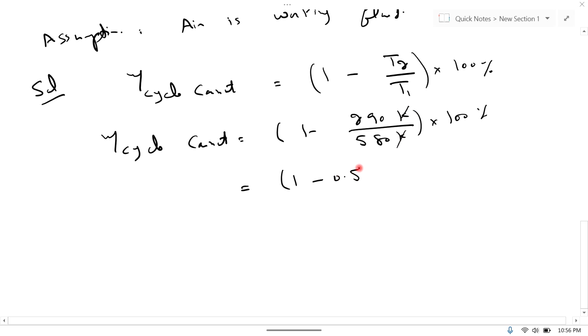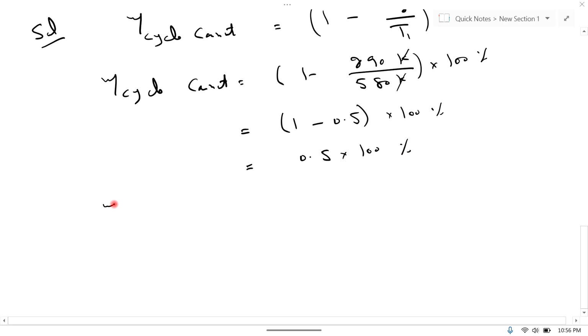Kelvin is cancelled with Kelvin. So 1 minus 0.5 is equal to 0.5, multiplied by 100. So the efficiency of the Carnot cycle is equal to 50%.